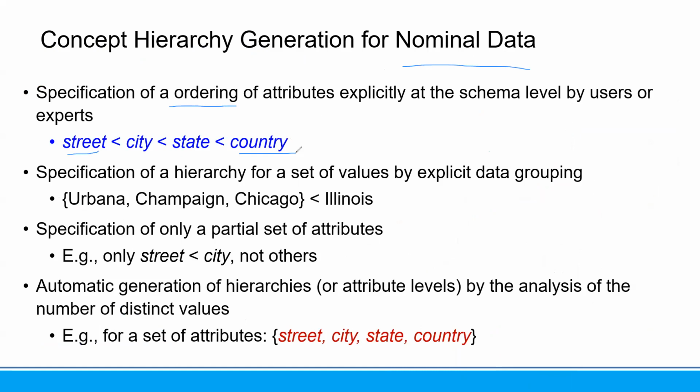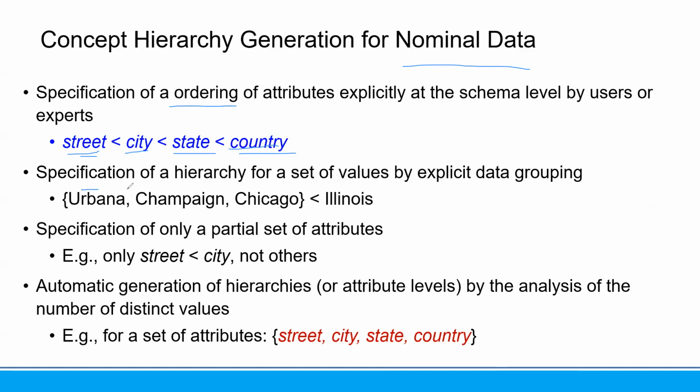Street is the lowest one, and then it becomes the city. In one city, there will be many streets, in one state, there will be many cities, and in one country, there will be many states. So it is a hierarchy.